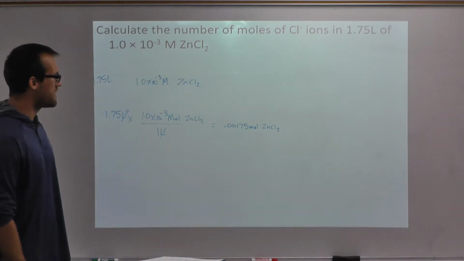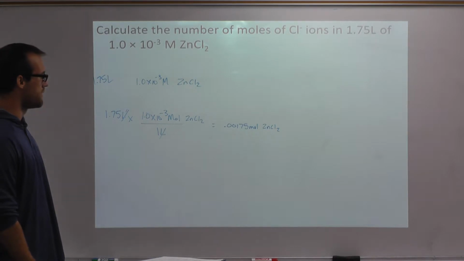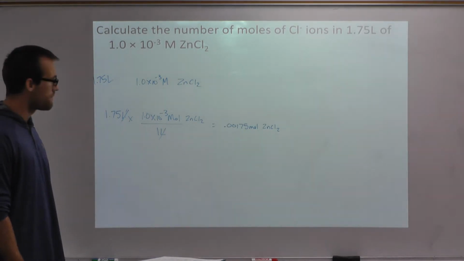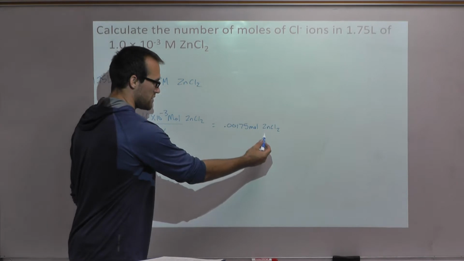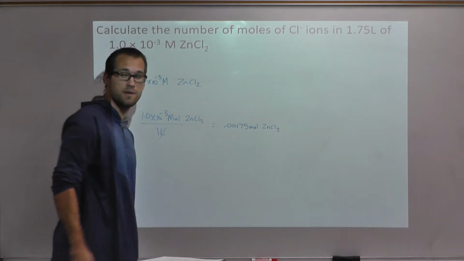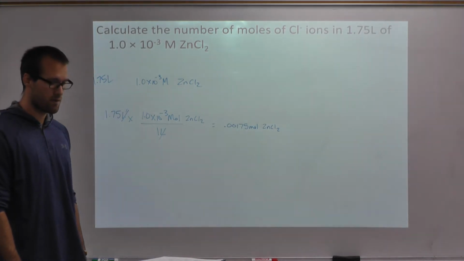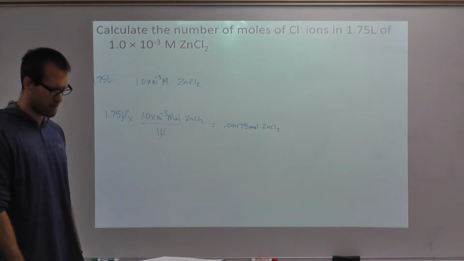Okay, well if I got that many moles of zinc chloride, and that thing's going to break up into its ions, how many moles of chlorine would I have? 2 times that. You would take this number times 2 because it's going to break up into twice as many chlorine ions as the whole thing. When you do that, you should get 3.5 times 10 to the negative third.